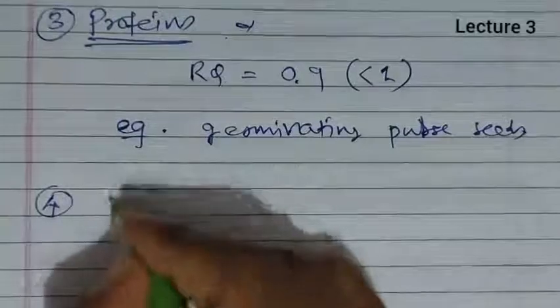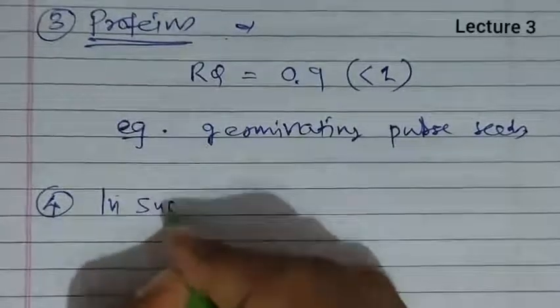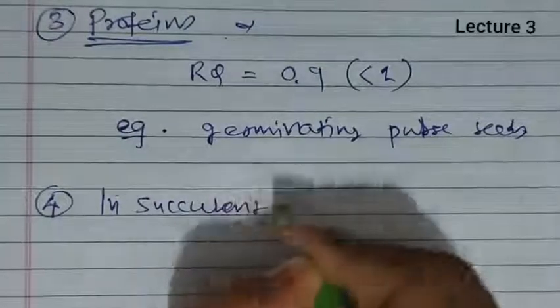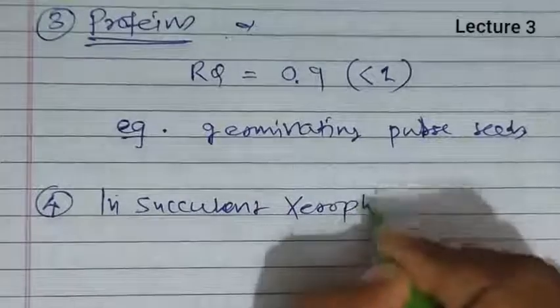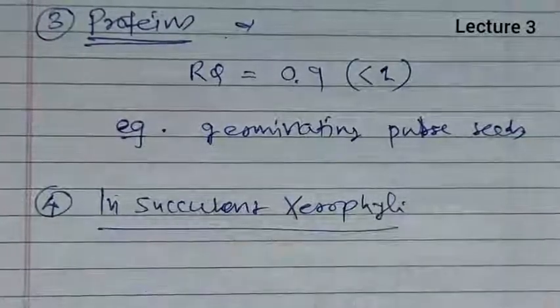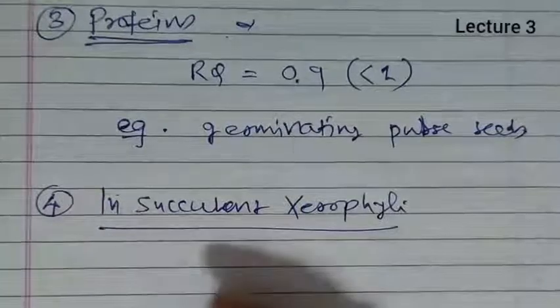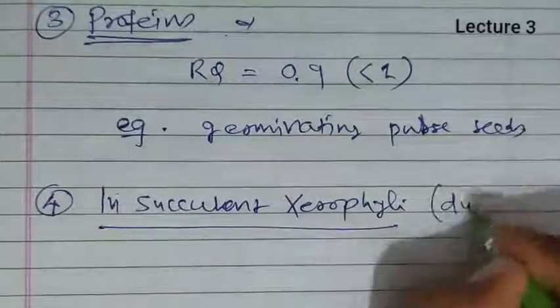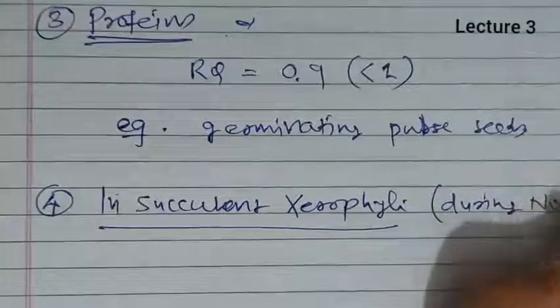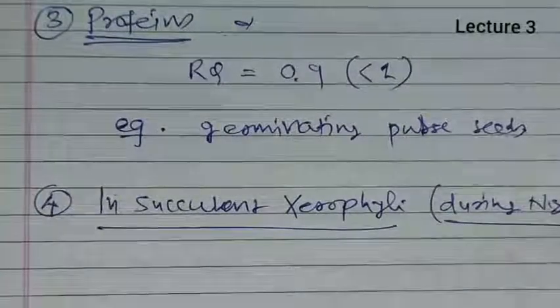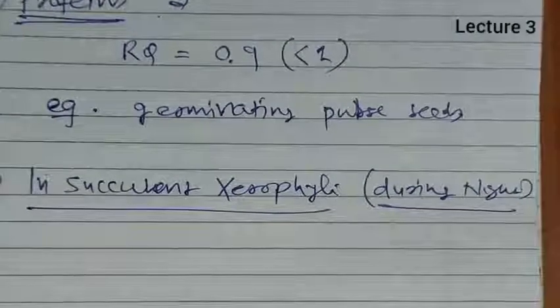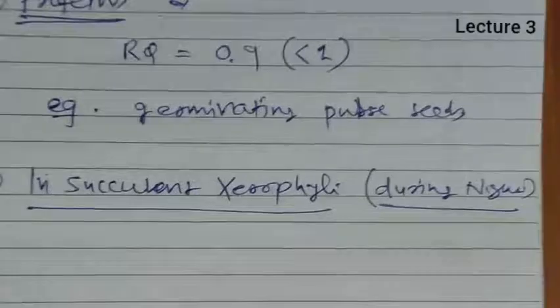Fourth is in succulent xerophytes. Succulent xerophytes are those plants which hold water, and if we consider during night, the stomata are open, so they exchange gases during the night.